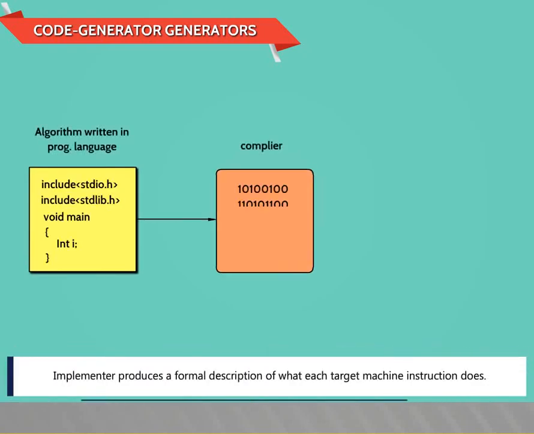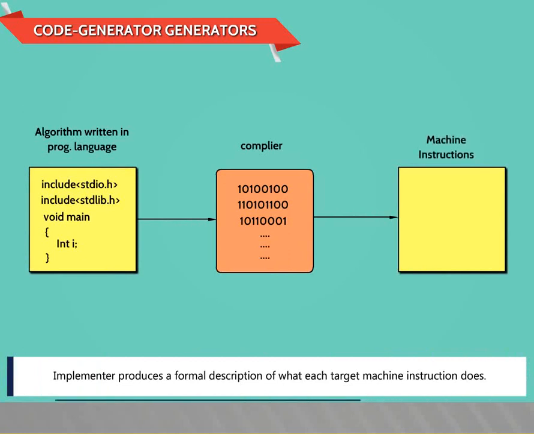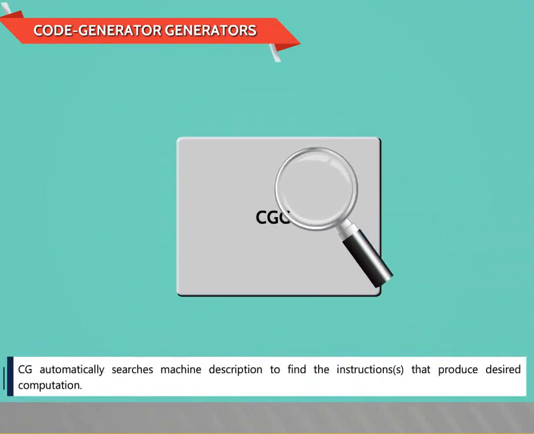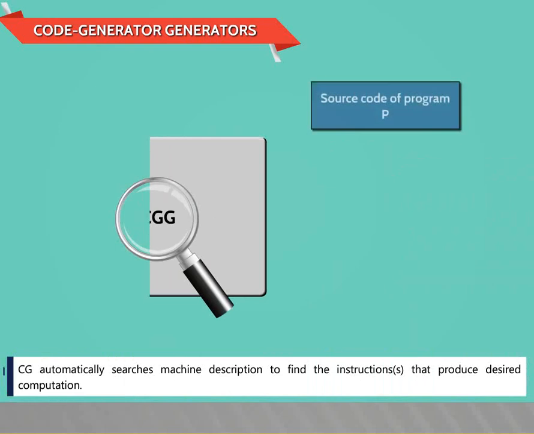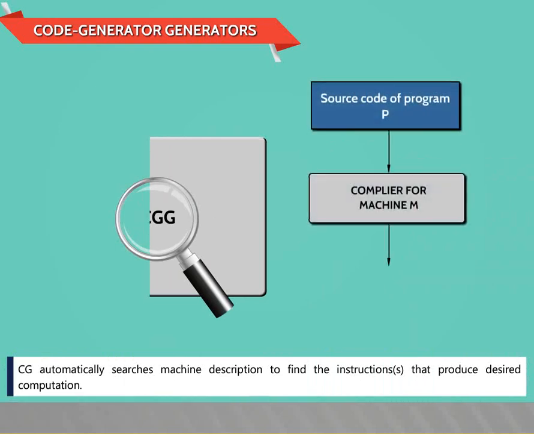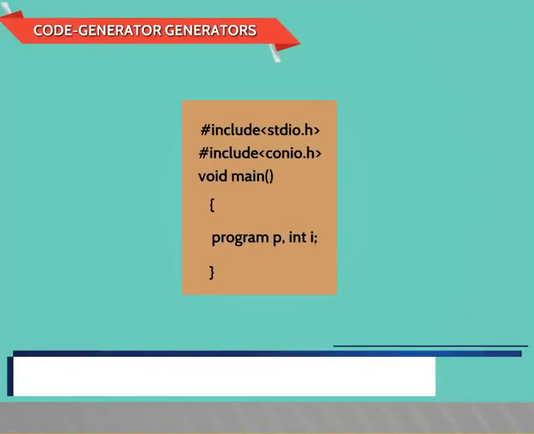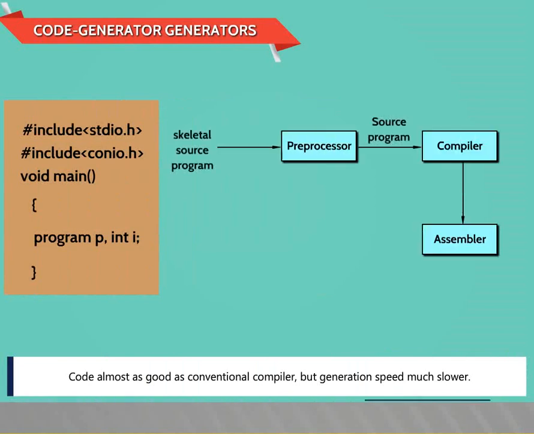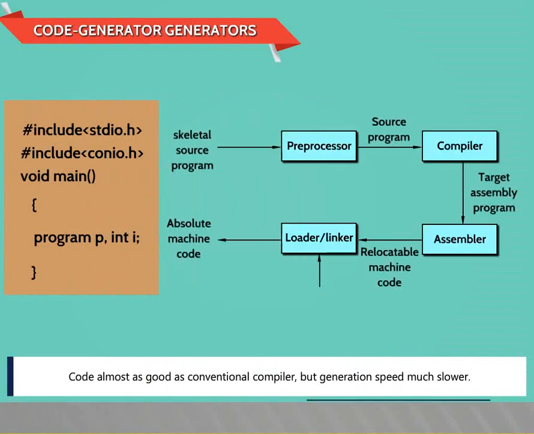The implementer produces a formal description of what each target machine instruction does. The CGG automatically searches the machine description to find the instructions that produce the desired computation. The code is almost as good as that of a conventional compiler, but generation speed is much slower.